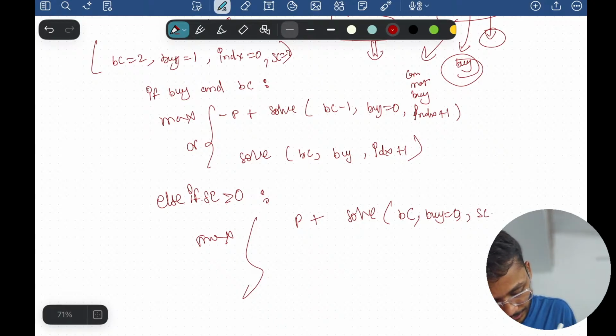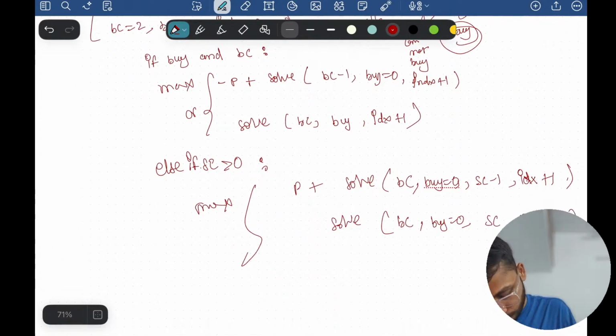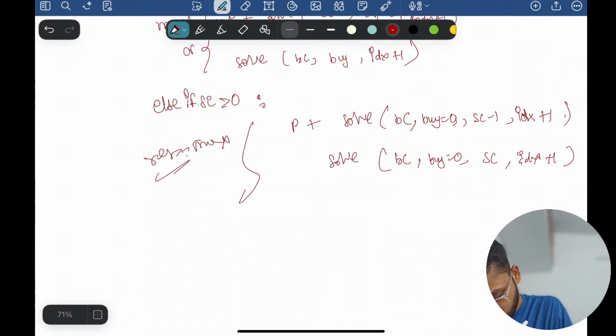And SC minus 1 and idx plus 1. Else, that means return 0.